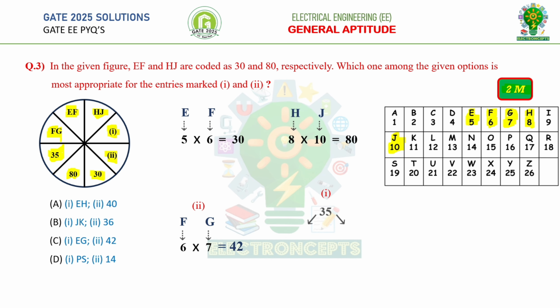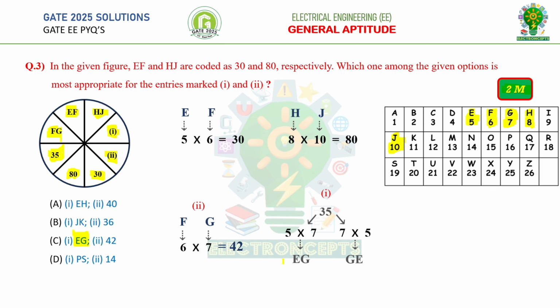If we observe carefully, 35 can be written in 2 ways, which is 5 into 7 and also 7 into 5 within the alphabet number data. If we take 5 into 7, it will become E into G, and if we take 7 into 5, it will become G into E. But if we observe the options carefully, it is given as EG, not GE.